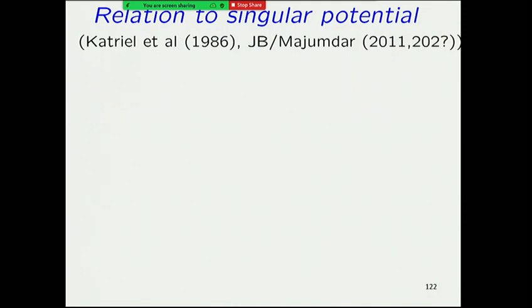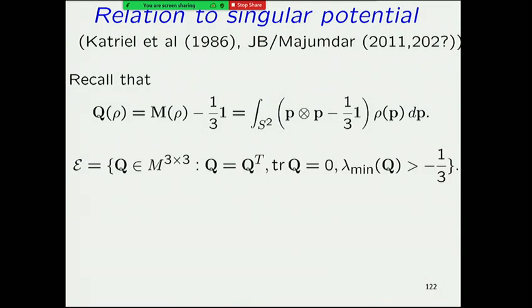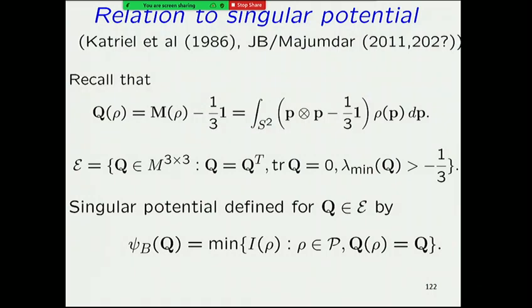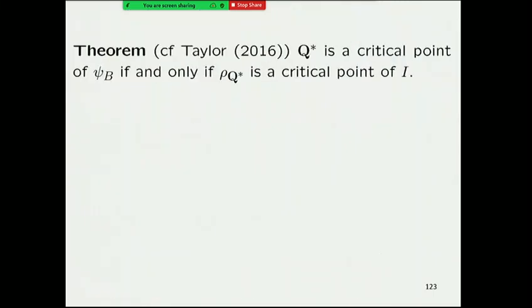So in relation to the singular potential, which we did last time, remember that that's the formula for the Q tensor, of course, and we looked at this set script E, which was the set of Q's which are symmetric and trace free and with minimum eigenvalue bigger than minus a third, and the singular potential was the minimum of I of rho among rho in P with Q of rho equal to Q, and we denoted by rho sub Q the unique minimizer.